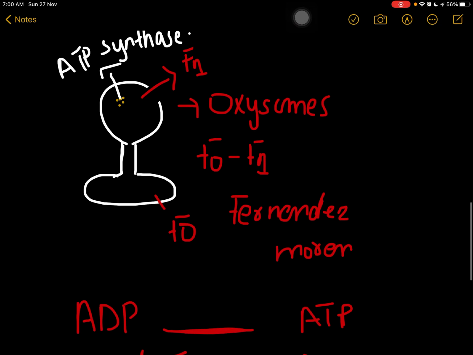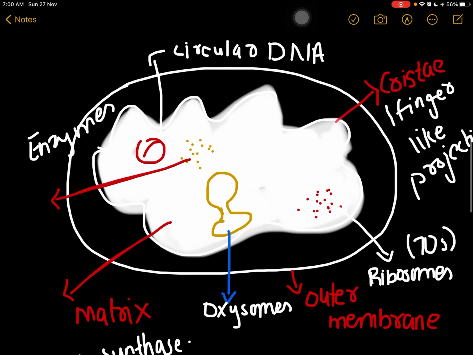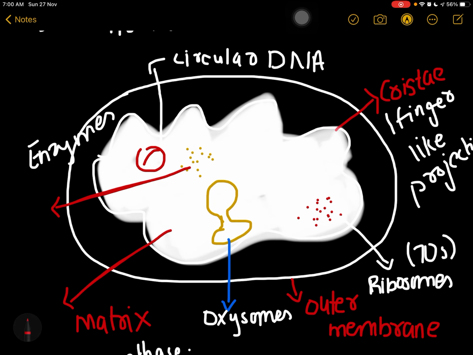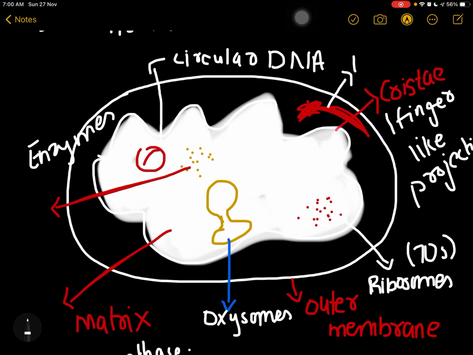So this is the origin of oxysomes which are present in the mitochondria. Moreover, this whole space is known as intermembrane space, right?